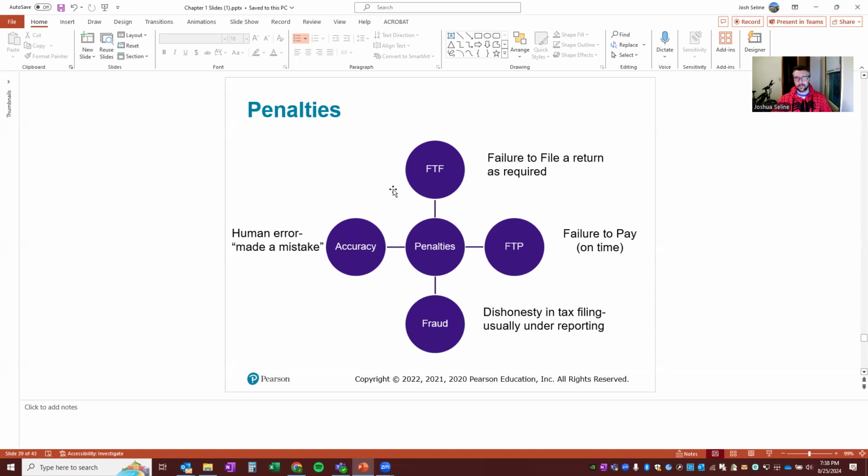Penalties. There are two major penalties you're going to learn about: failure to file and failure to pay. Failure to file a return that is required. The failure to file is 10 times greater than the failure to pay. So even if you can't pay, let's say I fill out my tax return and it's, oh man, I owe $10,000, I should still send in that tax return.